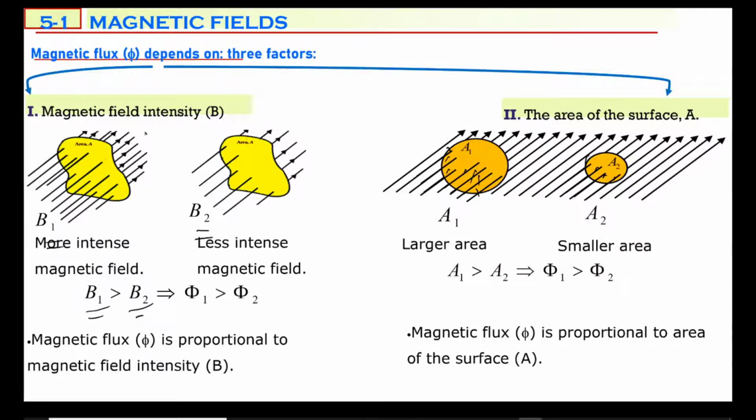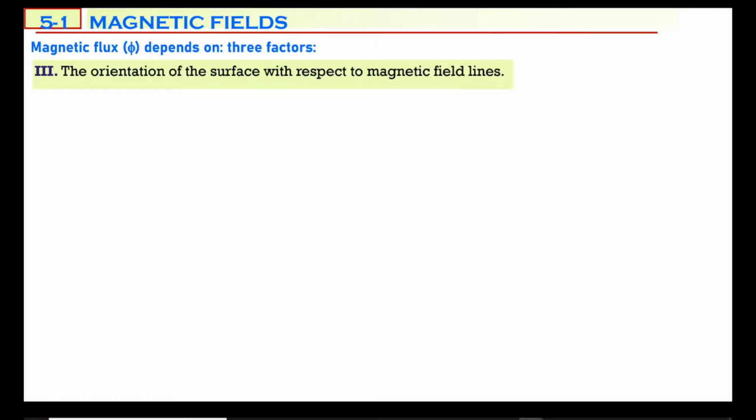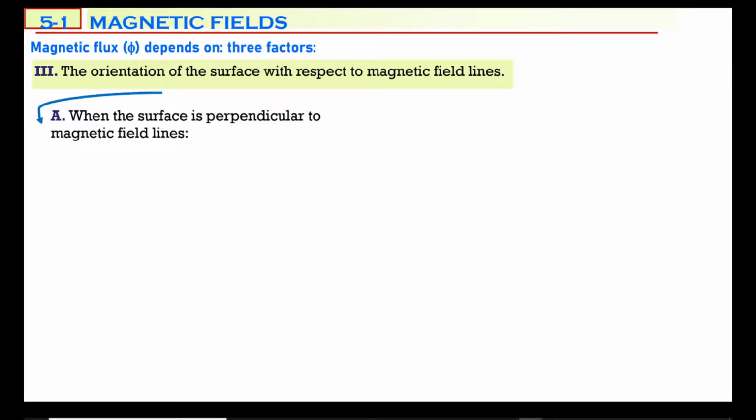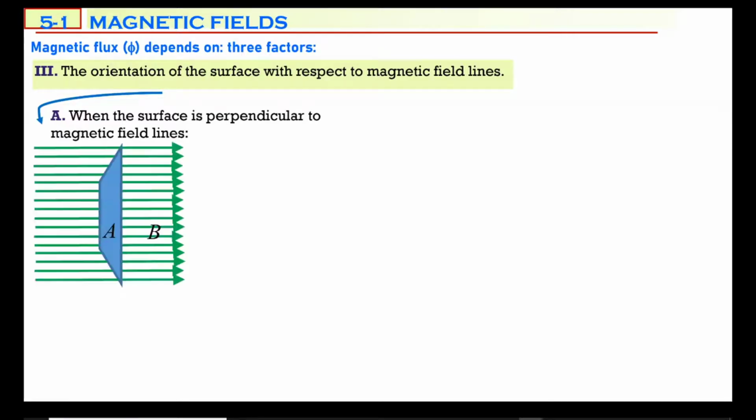And there is one more quantity which determines the magnetic flux: the orientation of the surface with respect to the magnetic field lines. There are 2 cases. I will talk about the first one first. When the surface is perpendicular to the magnetic field lines, the greatest number of field lines crosses the area.